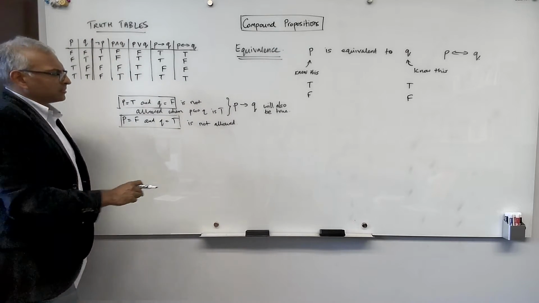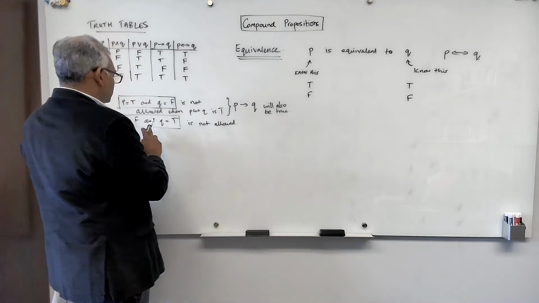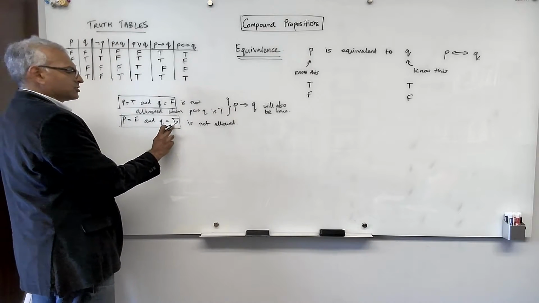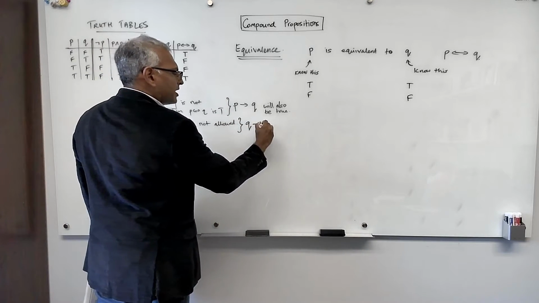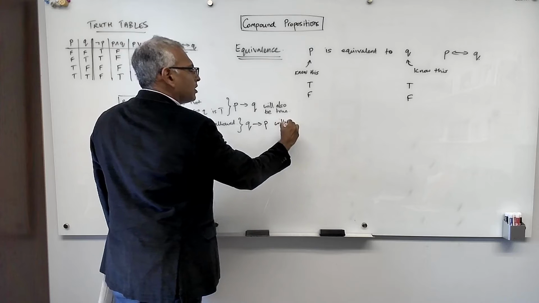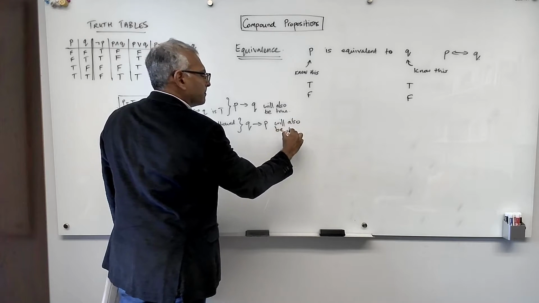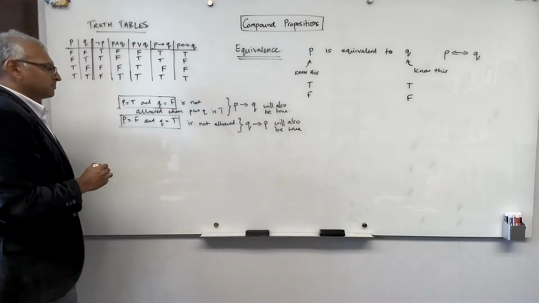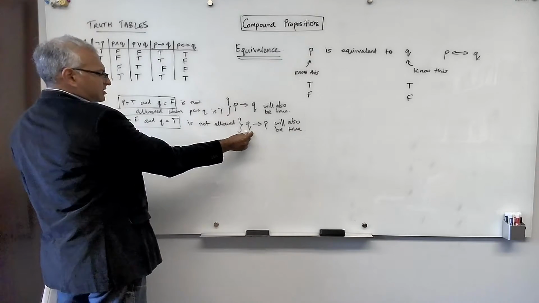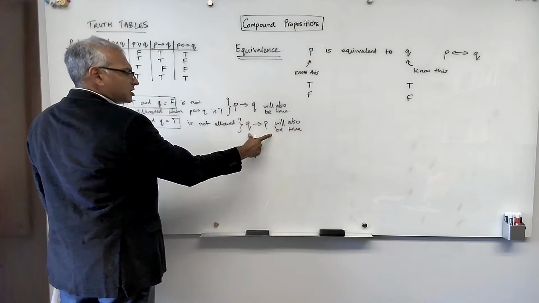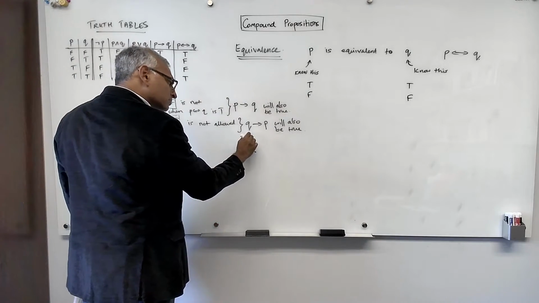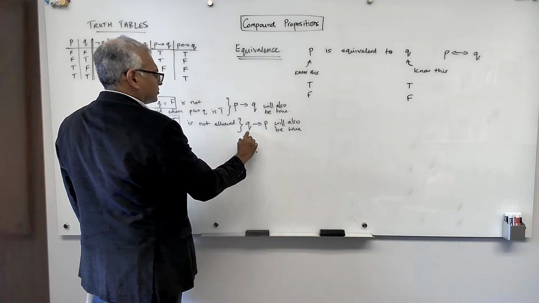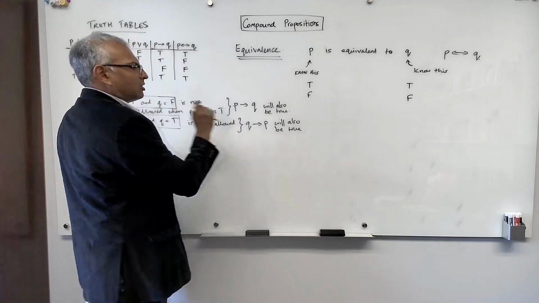This means that Q implies P will also be true, because the situation where the left-hand side is true and the right-hand side is false is not allowed if the equivalence is true, and so therefore this implication will also be true.